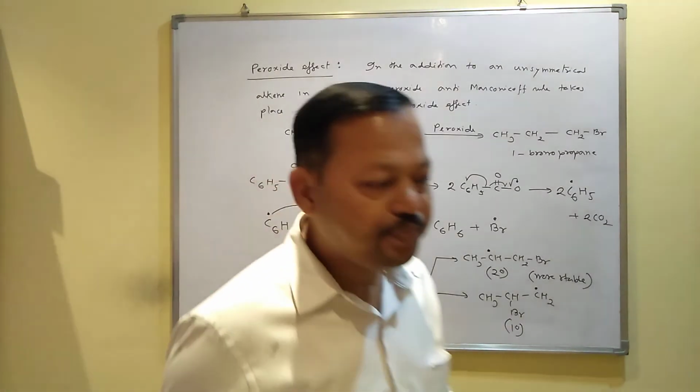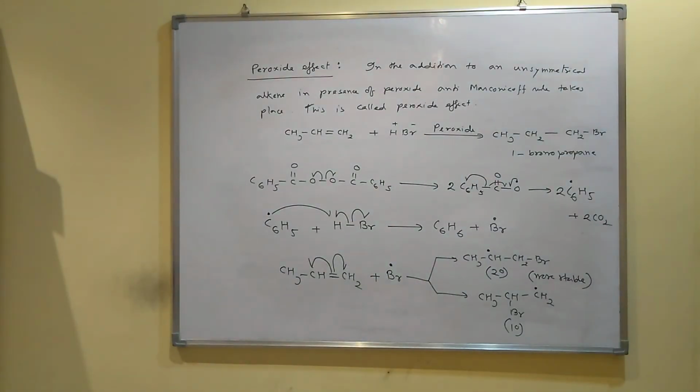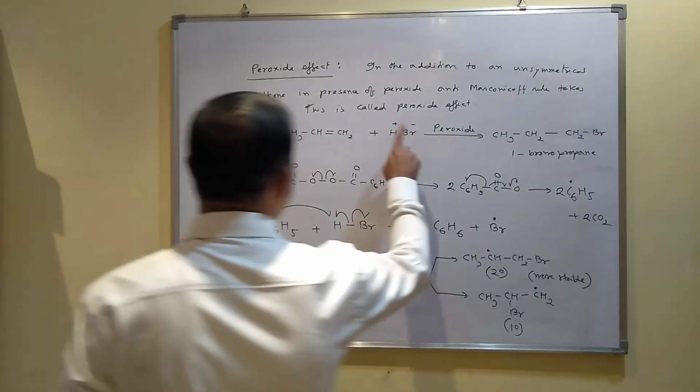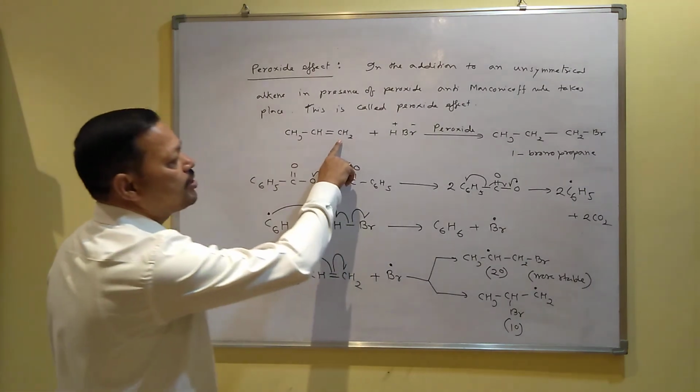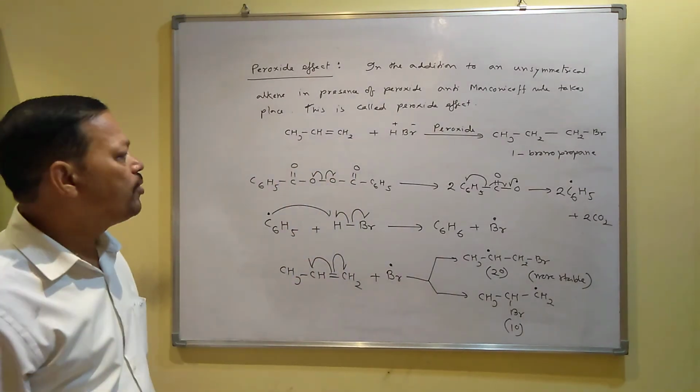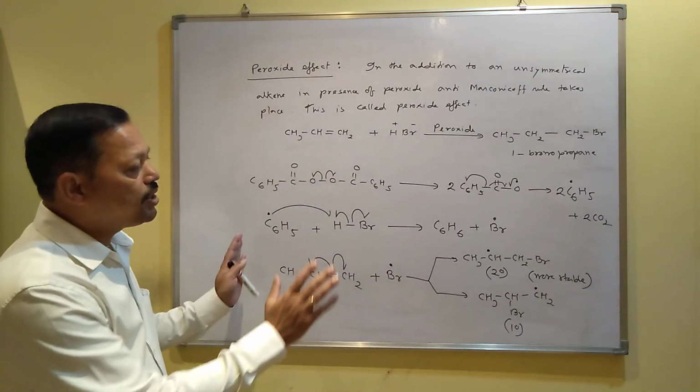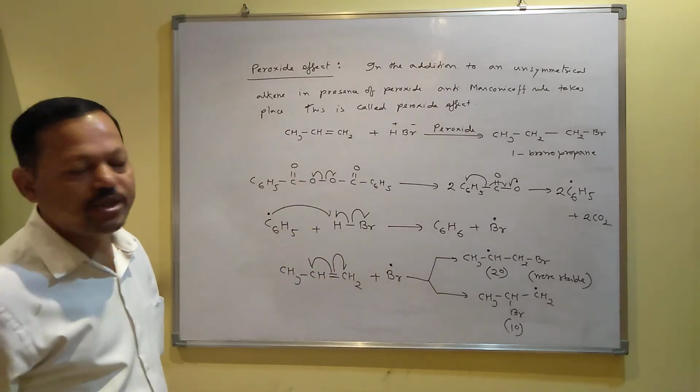So that is why in presence of peroxide, the Markovnikov rule becomes opposite. I mean in presence of peroxide, the negative part of the acid is added to that double bonded carbon atom which contains more number of hydrogen. It is only due to this free radical formation.